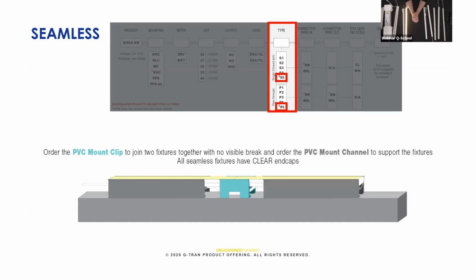And by utilizing the PVC mount clips and sometimes the channels, we can hold these fixtures together exceptionally well because it is a 2-inch long clip. So they'll be butted up against each other much better than Maura and I can display just using our hands.